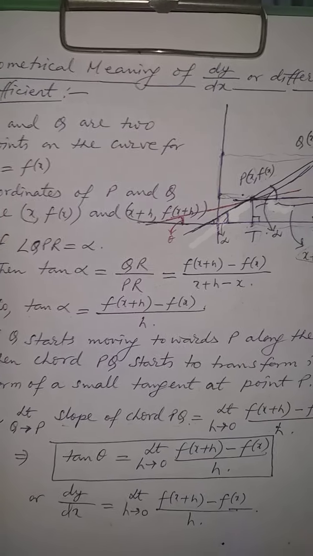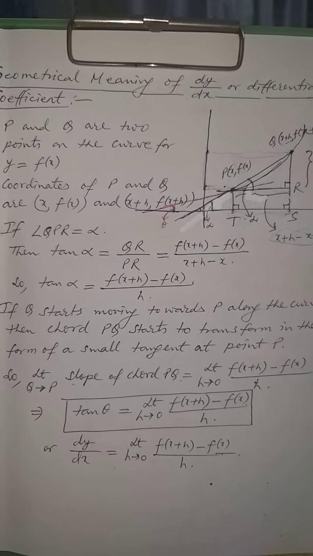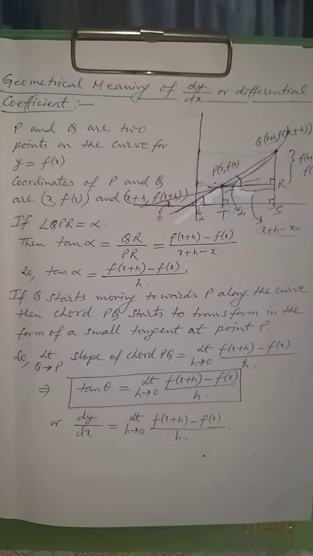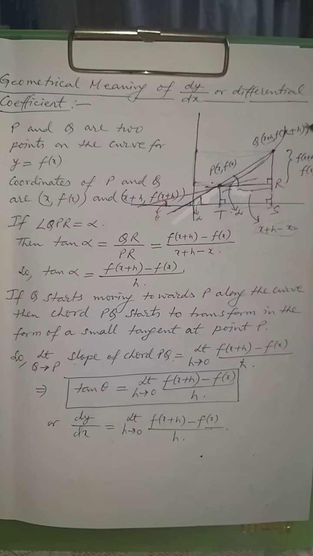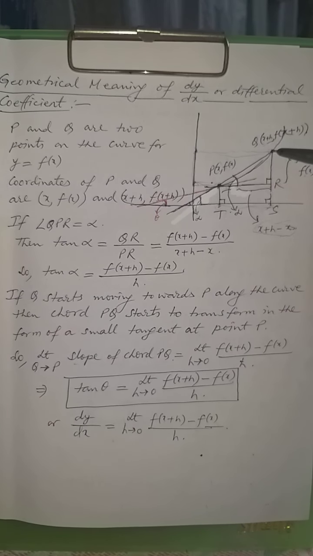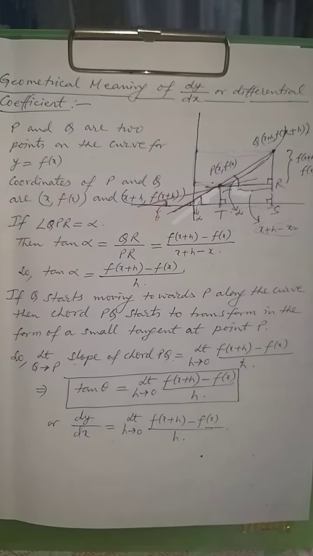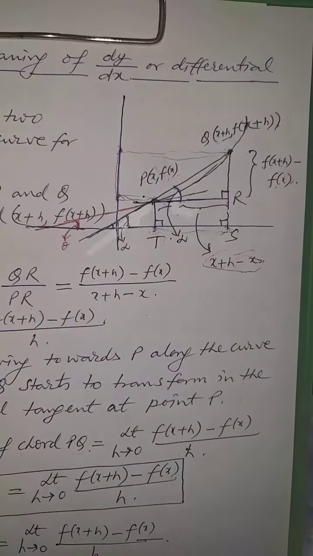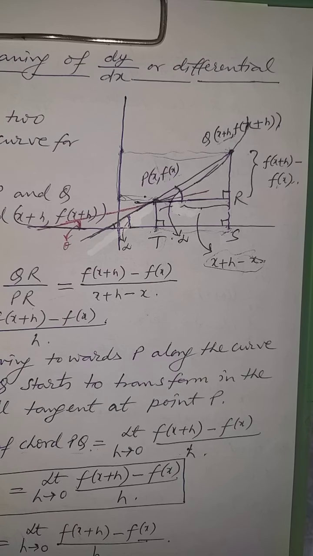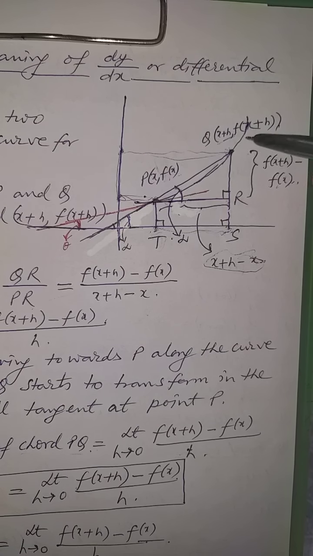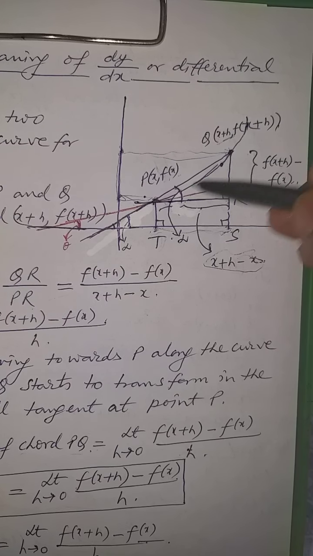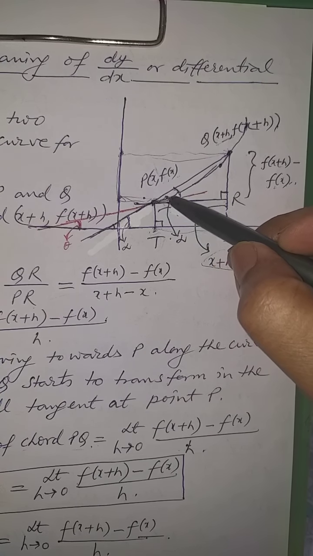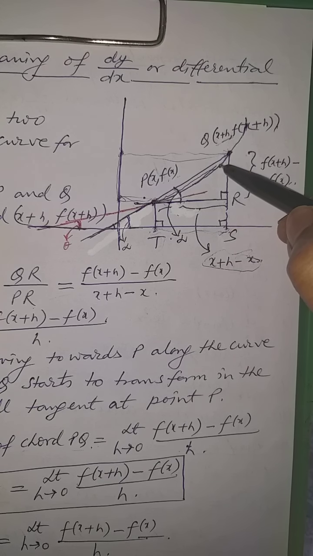Alright, now imagine this point Q starts moving along the curve, means Q comes to this point. Just imagine that Q slightly comes down over here, then do you think the new diagram will be something like this?